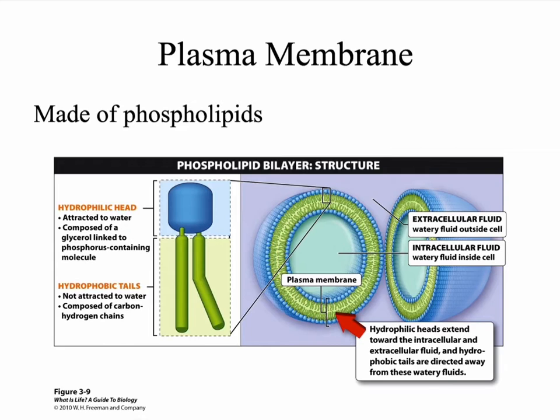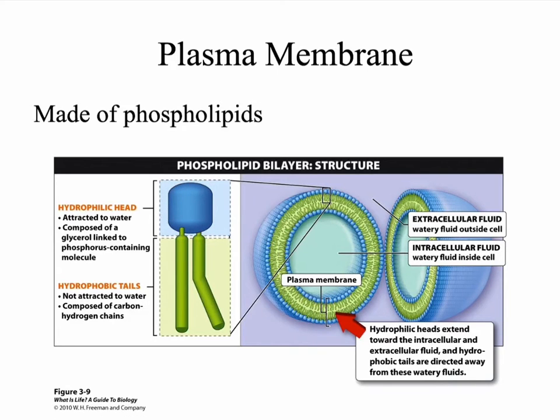The third component that all cells have in common is a plasma membrane. So cells have to have a way to keep their cell guts in. So to build plasma membranes, you need phospholipids. Remember, these guys have a dual personality. This is a type of lipid that has a phosphate head at one end, and that phosphate head is hydrophilic.